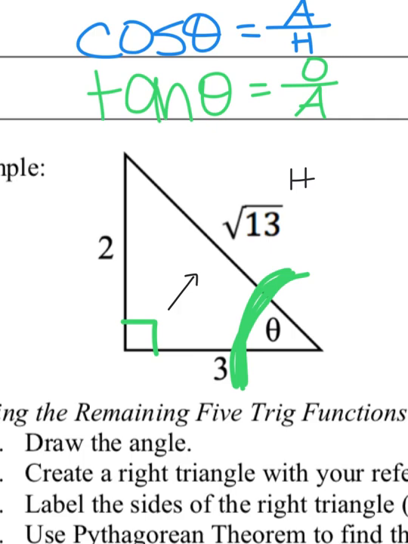The opposite is across from the actual angle itself, right? So that's going to be the 2. And then the one that's left over is the one that's right next to, but not the hypotenuse. It's right next to theta, our angle, which is 3. So in this example, opposite is 2, hypotenuse is the square root of 13, and adjacent is 3.